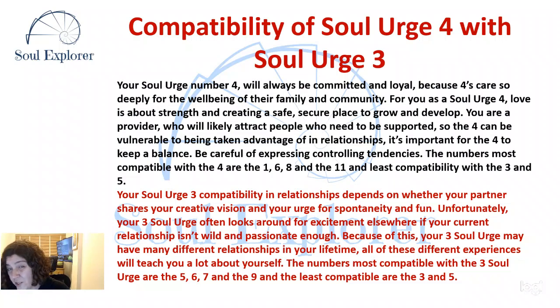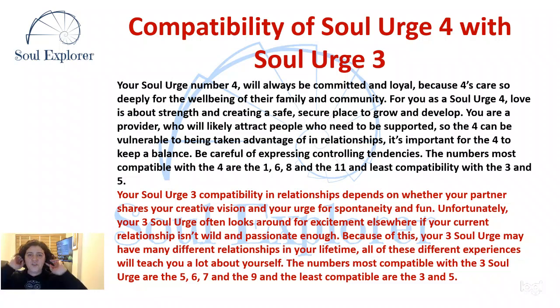The soul urge 3 is very different to the 4. So the soul urge 3's compatibility in relationships depends on whether their 4 partner shares their creative vision and their urge for spontaneity and fun.